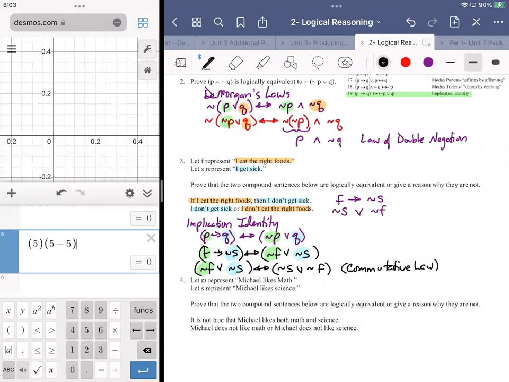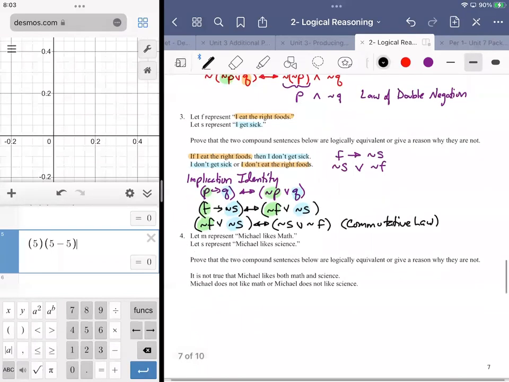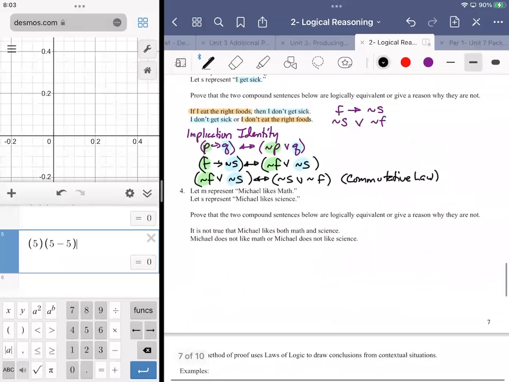All right. M represents Michael likes math. S represents Michael likes science. All right. So same idea. I like the highlighter. It helps me keep things organized. Yeah, it is not true that Michael likes math. This is that parentheses thing that we were talking about before.